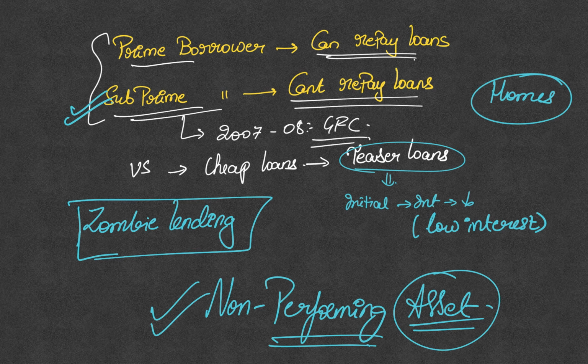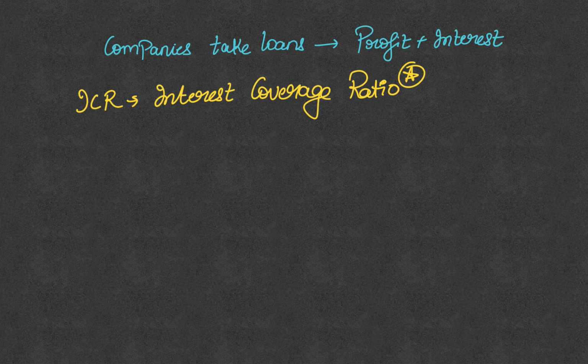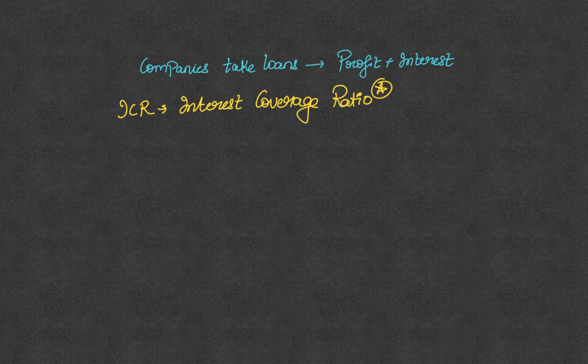So, non-performing assets are the single most important problem that a bank should address, because it is the fundamental problem of the banking industry. Also, note the 2008 global financial crisis is also called the subprime crisis because of this reason. Now, it's very clear that companies require a certain amount of money as capital. Companies take loans for that capital.